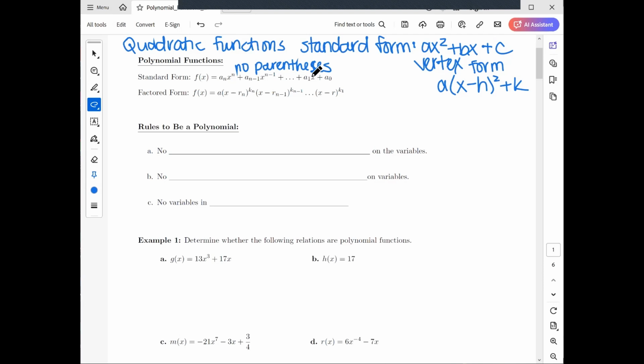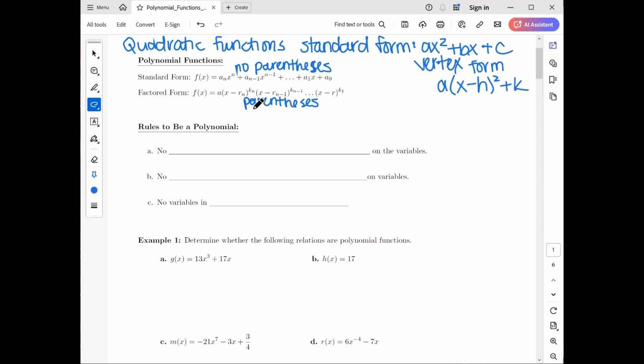With our factored form, we have parentheses. Okay, so you need to be able to tell which form you have for your polynomials to figure out all the different characteristics, or all the very cool things about those functions.